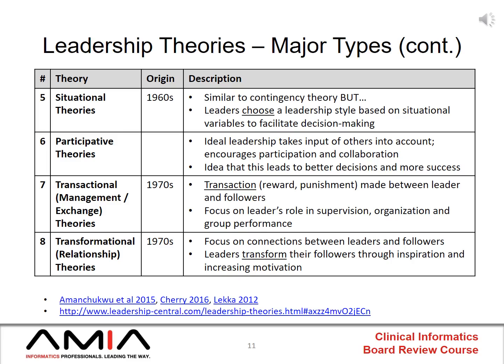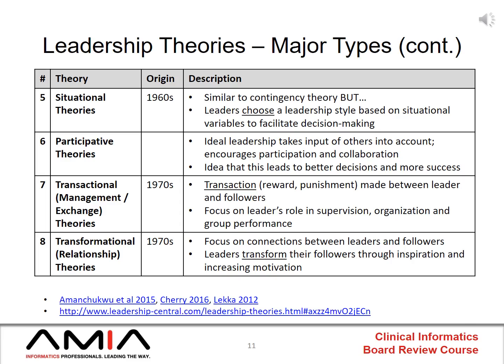Situational theories are very similar to contingency theories and were developed at approximately the same time. However, while contingency theories were more prescriptive about leadership styles that must be used in certain situations, situational theories indicate that leaders should have flexibility in determining or choosing a leadership style based on multiple situational variables to help facilitate decision-making.